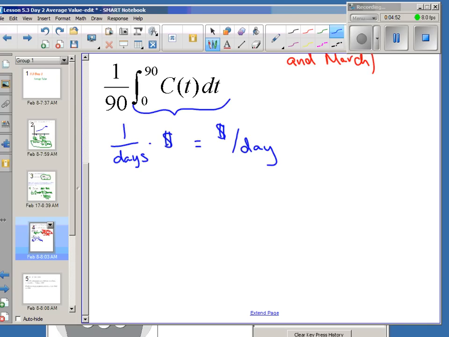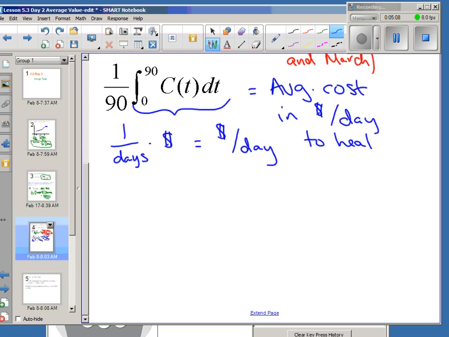So what that problem is saying is, what is the average cost in dollars per day to heat the house. So the average cost in dollars a day to heat the house.